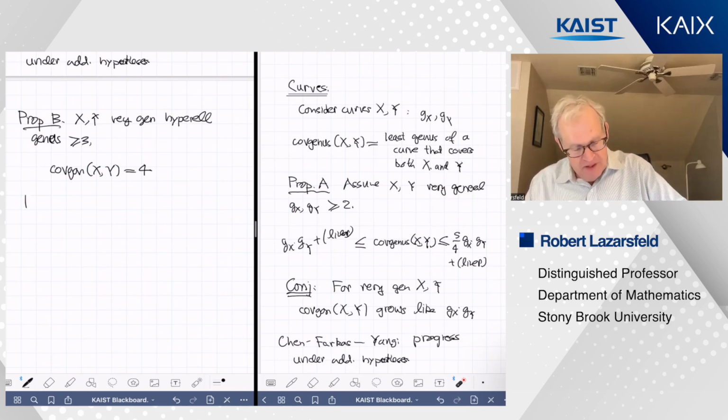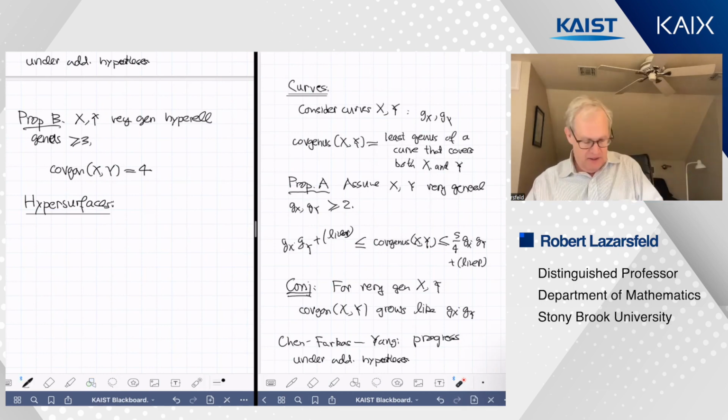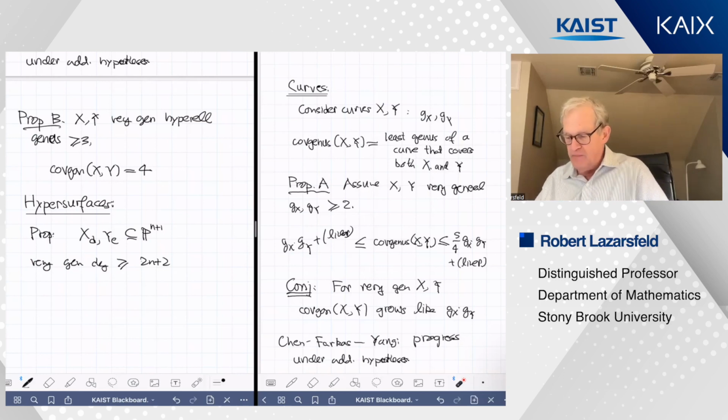What about hypersurfaces? So again, there are very weak results that are known, but conjecturally, the picture should be much stronger. So I'll tell you what the proposition is. If we take X_d and Y_e, very general hypersurfaces of degrees d and e greater or equal to 2n plus 2.